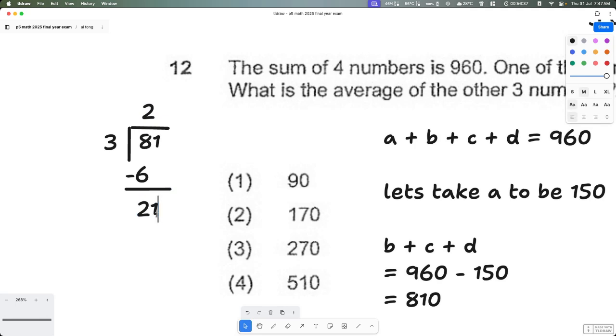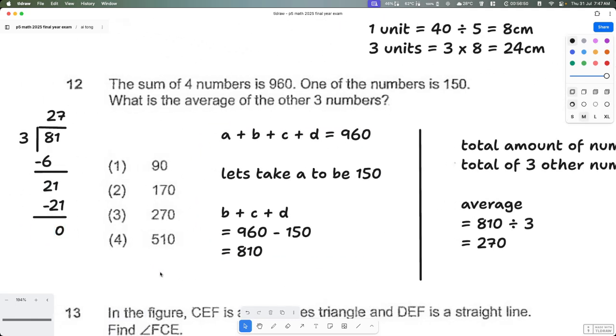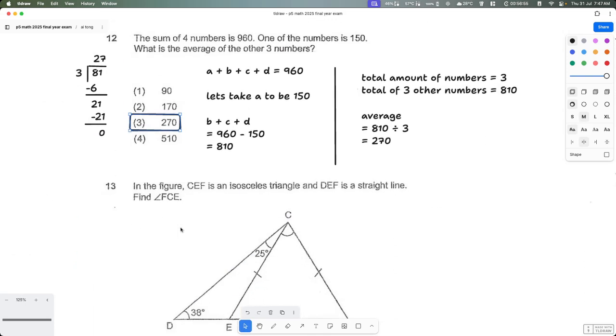Then we can minus 21, so 21 is 7 times 3, so this is 21. Then this will give us 0. And there you go, that's the answer to this question. The answer is 270, so option number 3. Okay, let's move on to the next question.